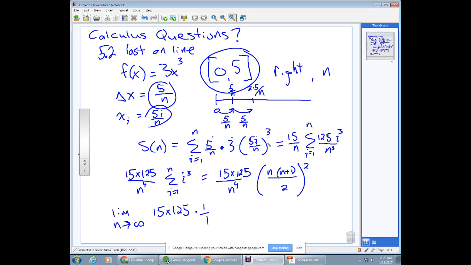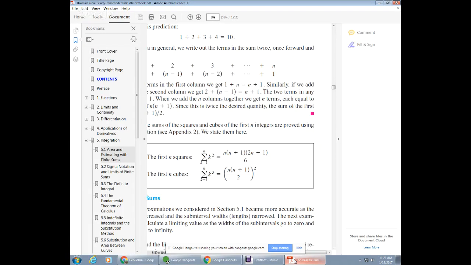So that gives us 5i over n for our x values. 5 times 5 is 25, times 5 is 125. That looks all right. And 3 times 5 is 15. Did I write down that formula wrong? No, I got the formula right for the cubes.